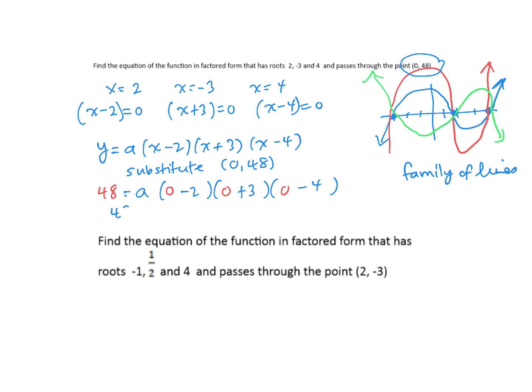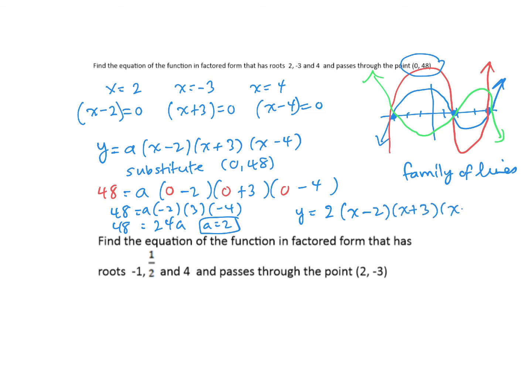So we're going to solve for a. This bracket is -2, this is 3, and this is -4. That gives me a value of 24, and so a would be 2. Once I know the stretch, I can narrow it down to one specific line rather than a family of lines. Now I have one specific line with a stretch of 2.